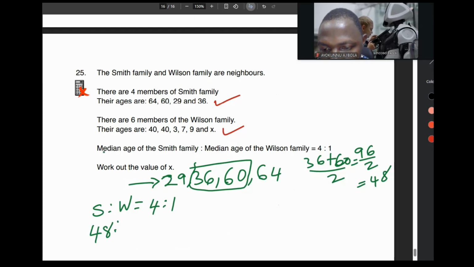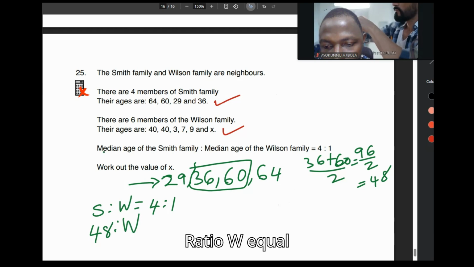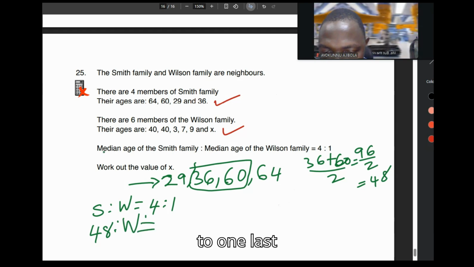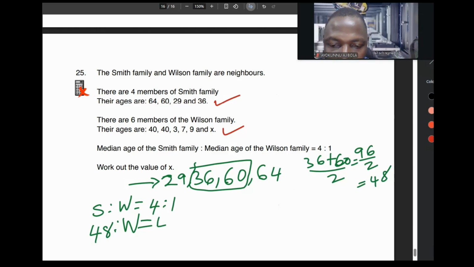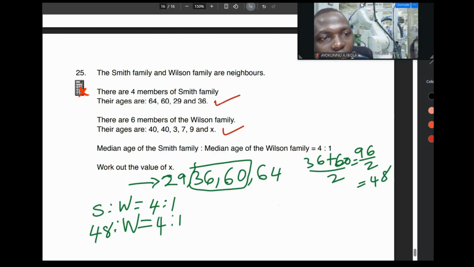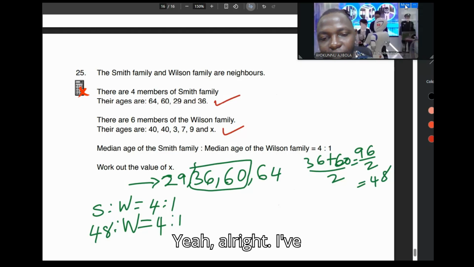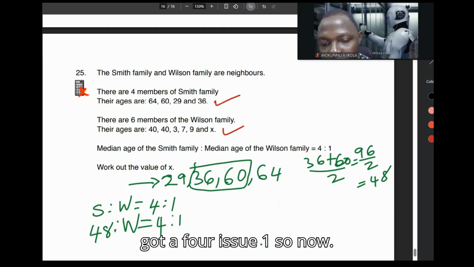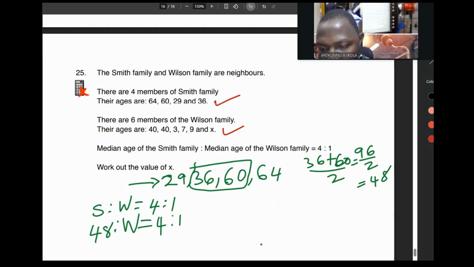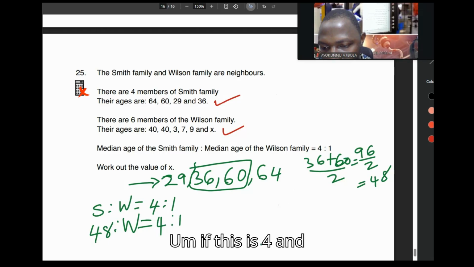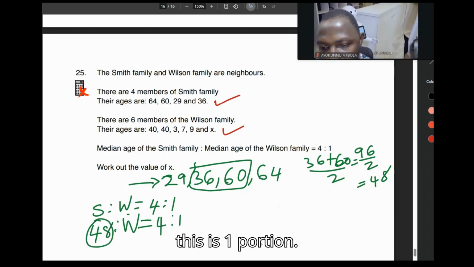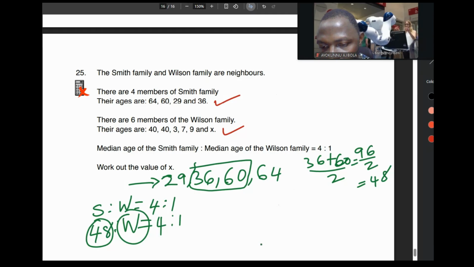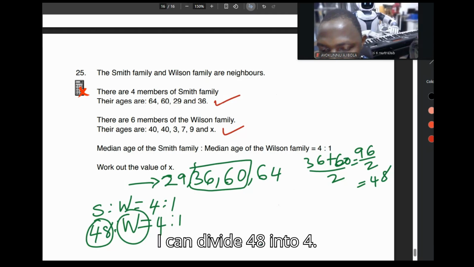Okay, I'm on the last question. All right, we go to 4:1. So now, if this is 4 and this is one portion, I can divide 48 by 4.